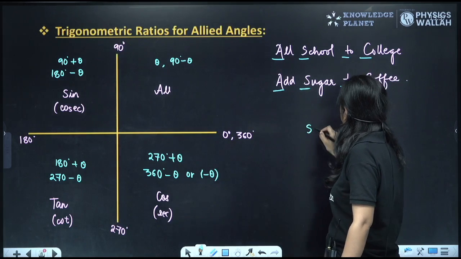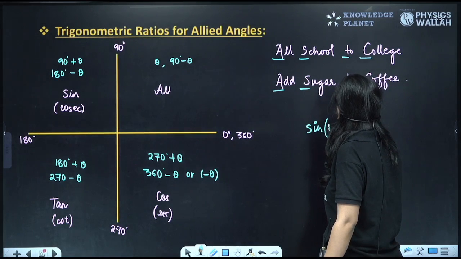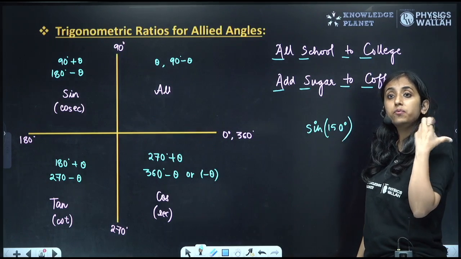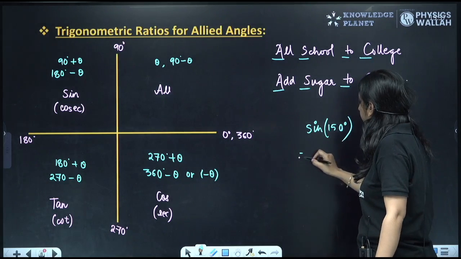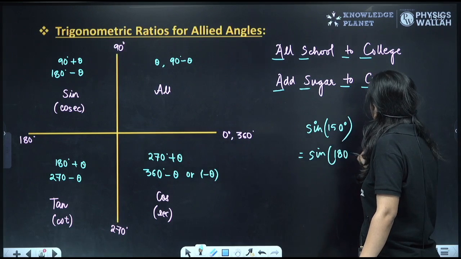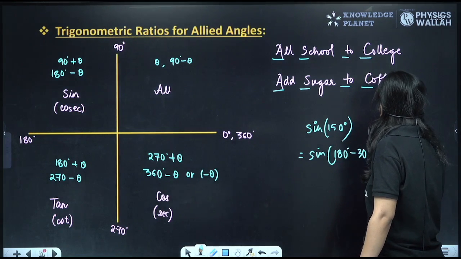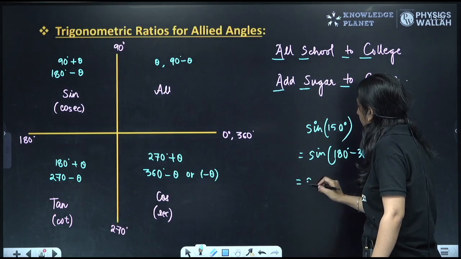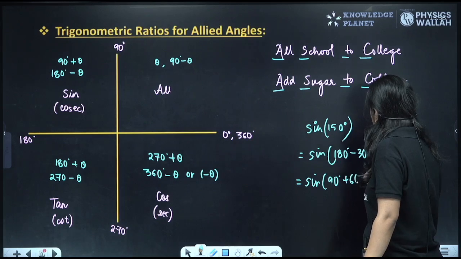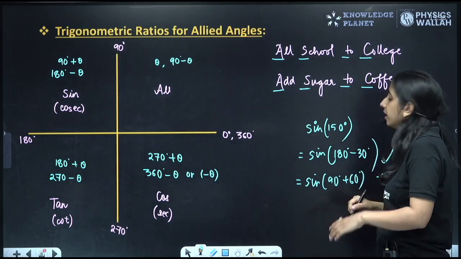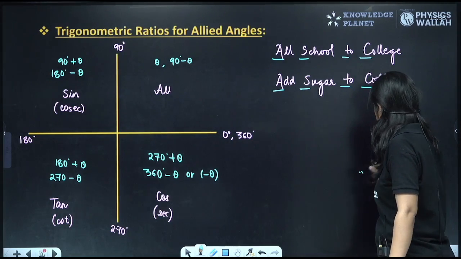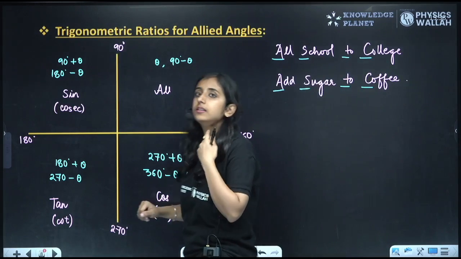I don't know what sine of 150 is, but I can write it as sine of 180 minus 30, or I can write it as sine of 90 plus 60. Now, if I know how to find these angles, then I can calculate sine of 150 degree. So, this is where allied angles are used.